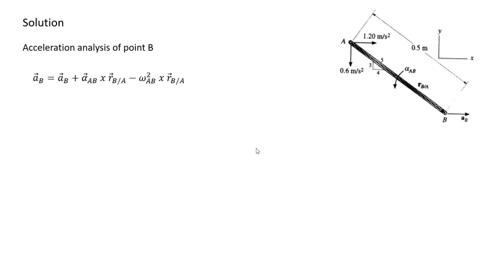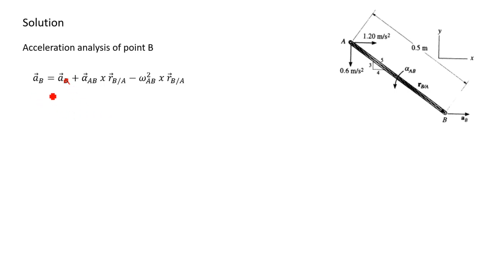So again, I'm going to write down the relative acceleration equation. Okay, and you can see that we already prepared this equation. Sorry, we have a typo here. So this is the AA, not the AB.